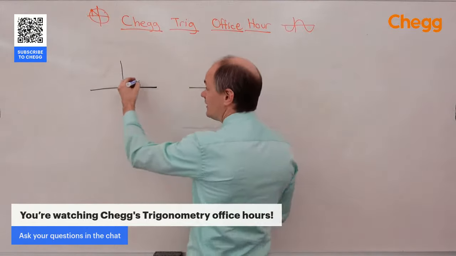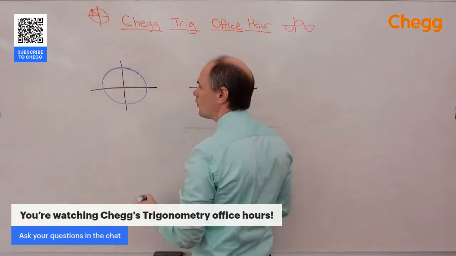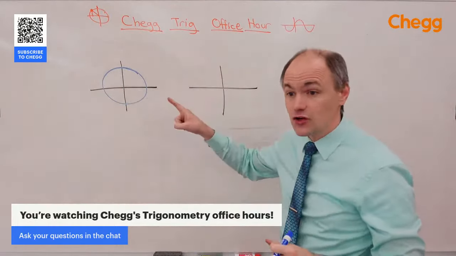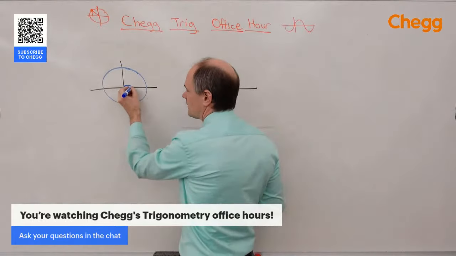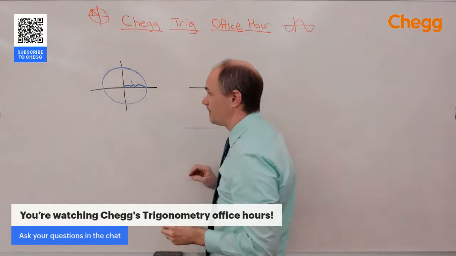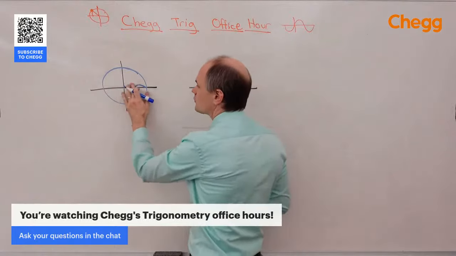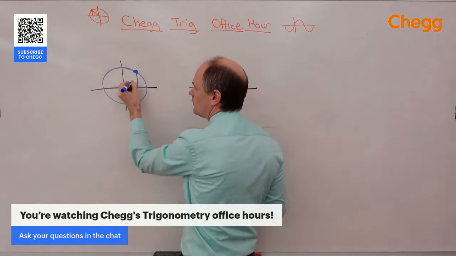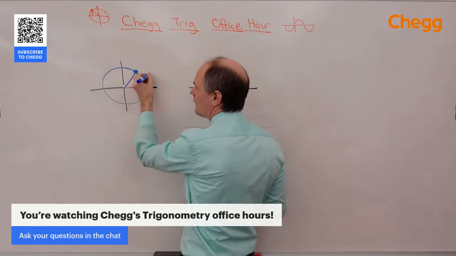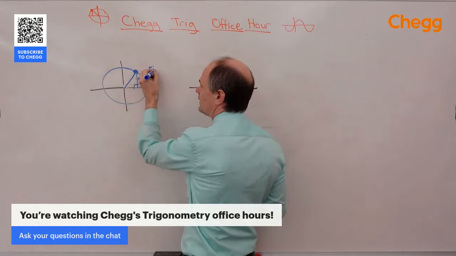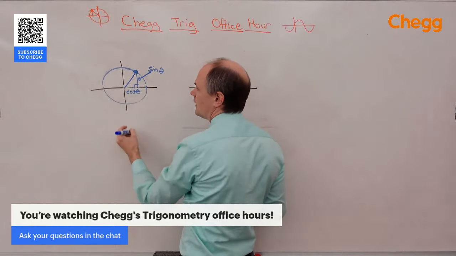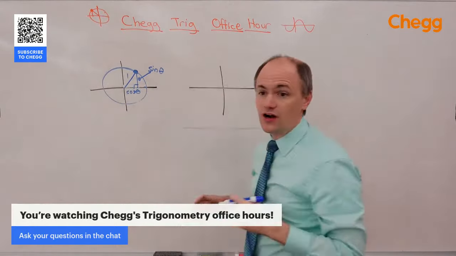The whole idea of trigonometry, the whole course of trigonometry is built on this concept that I have a circle whose radius is 1. And if the circle's radius is 1, any point on that circle will have a height of sine and a length of cosine and a hypotenuse of 1.